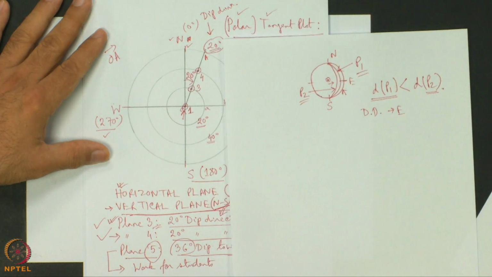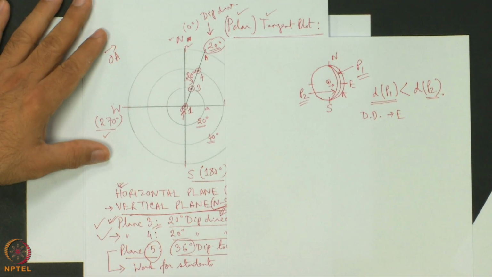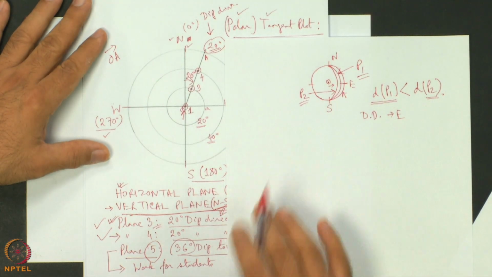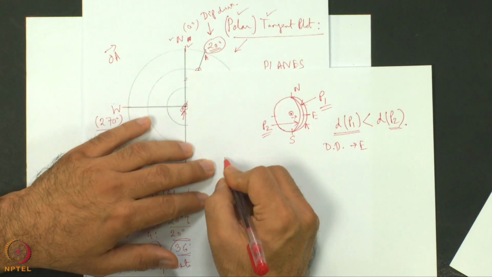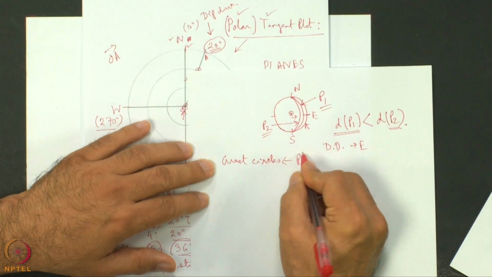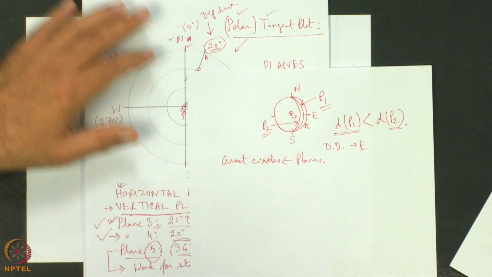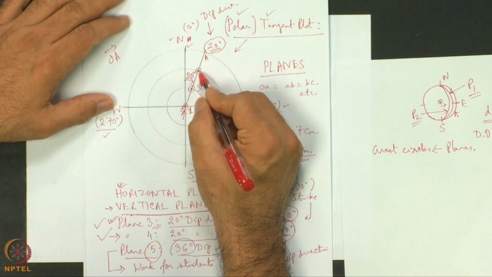So, these are some of the differences between the polar tangent plot and the stereo plot. Another point, in the stereo plot, when we are presenting the planes, we plot them as great circles, such as these two great circles, and they represent planes. And here in the polar tangent plot, we are representing planes as points.